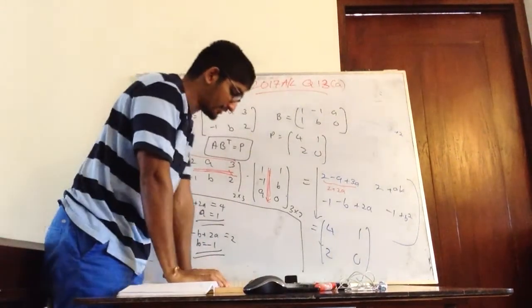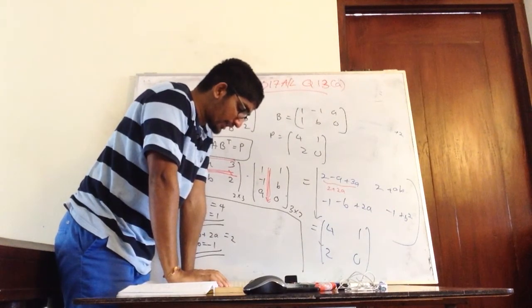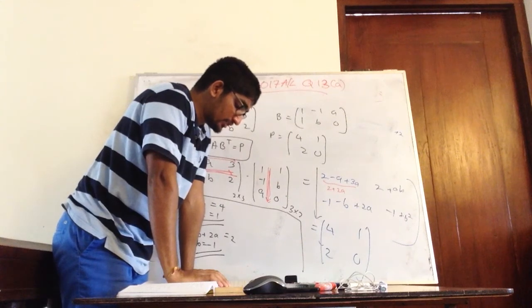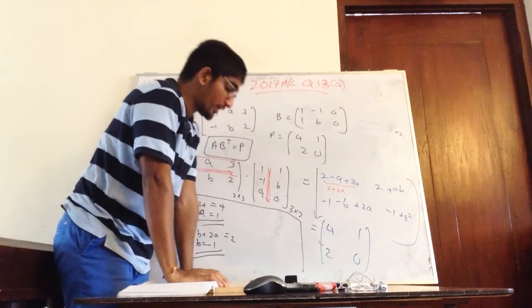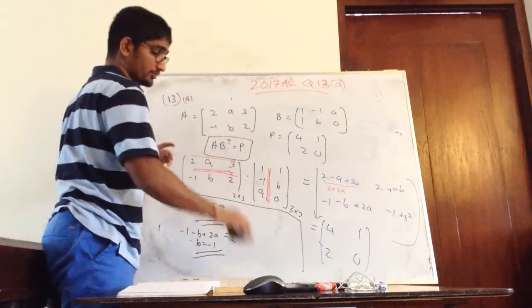Then they are asking, with these values of A and B, find B transpose into A. Okay, so what I'm going to do is substitute these values.